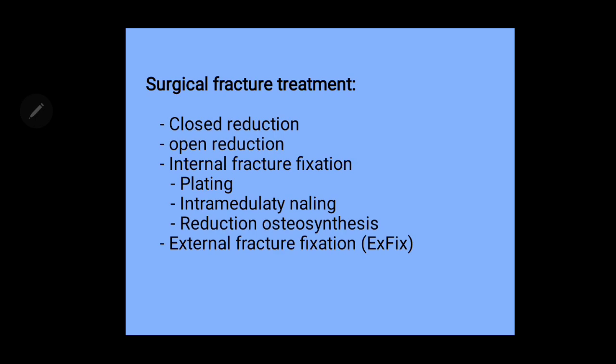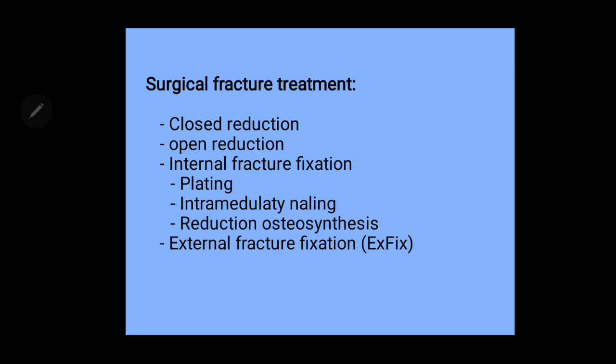So let's talk now about surgical treatment, and actually all surgical treatment methods can be divided into 4 groups. First of all, we divide into 2 big groups: closed reduction and open reduction. You should understand what a closed reduction is.